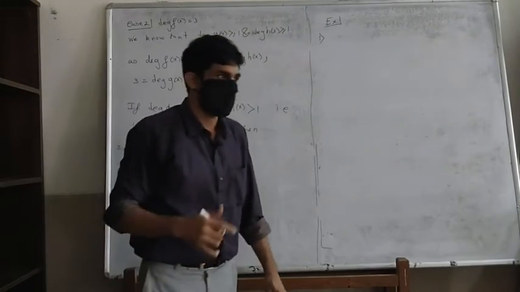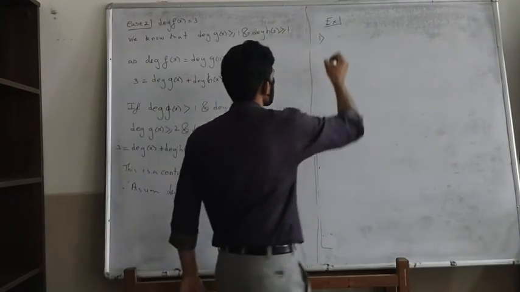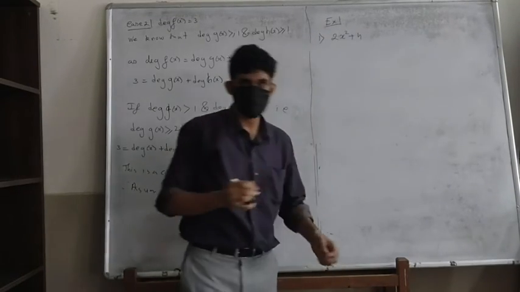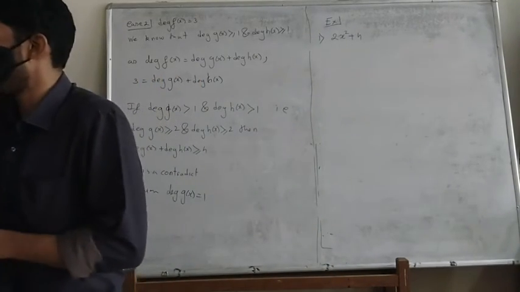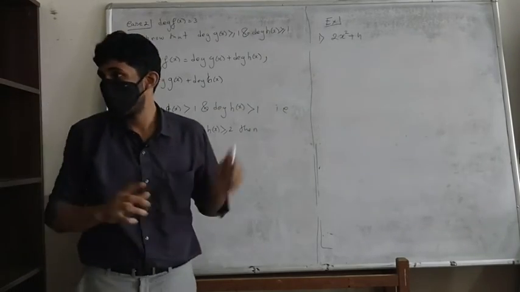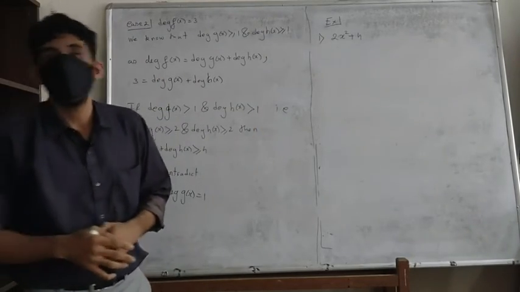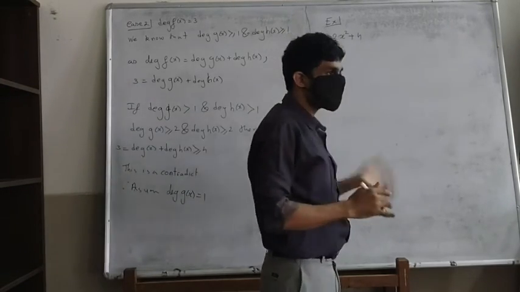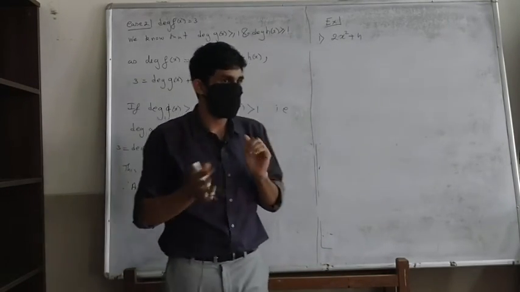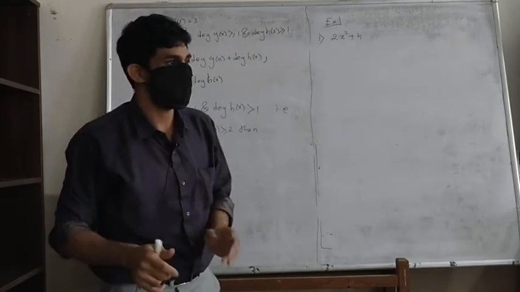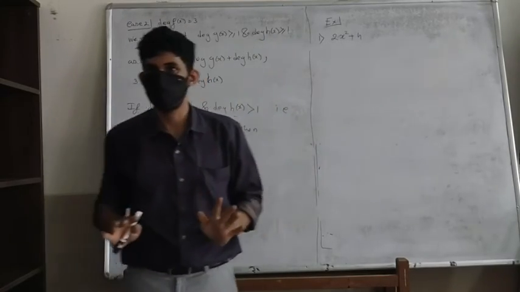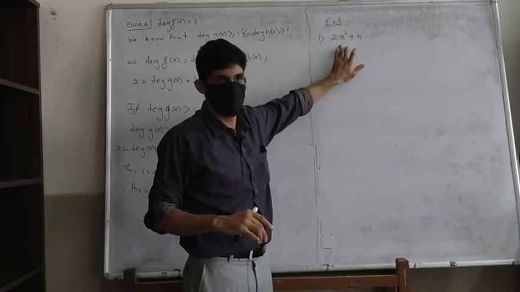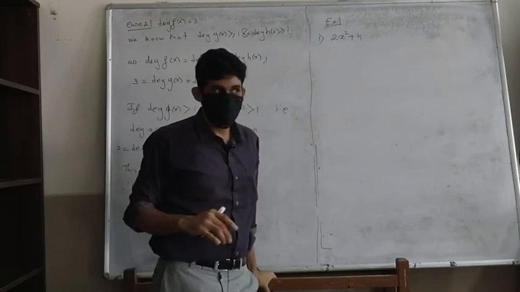Okay, so we have in fact done these kinds of things. If you look at 2x square plus 4, the question is, I want to know the reducible and irreducible nature in both Z and Q. Over Z, is this reducible?